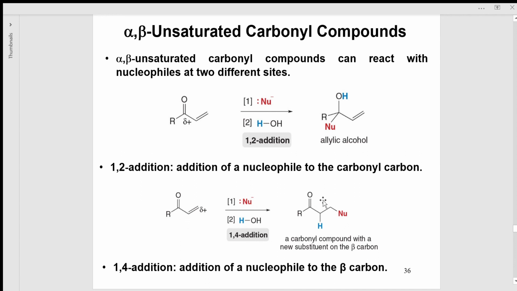From the product structure's point of view, this is more like a 3,4 addition. So the carbonyl seems not involved in these steps. But why do we call this 1,4 addition? The 1 means the oxygen is position 1, and it reacts in the whole process.